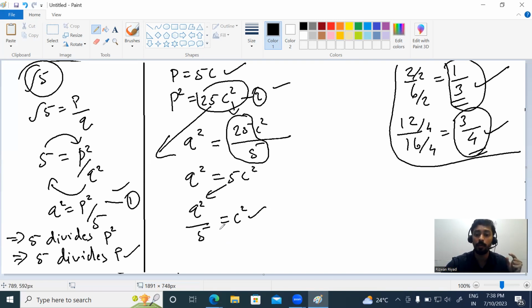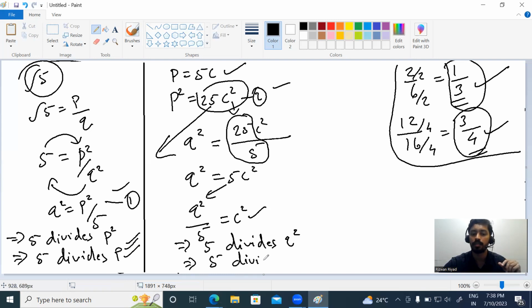According to the same theorem, since 5 is a prime number, if 5 divides q square, then 5 divides q also. So we can conclude that 5 divides q square. That means according to our last theorem, 5 divides q.